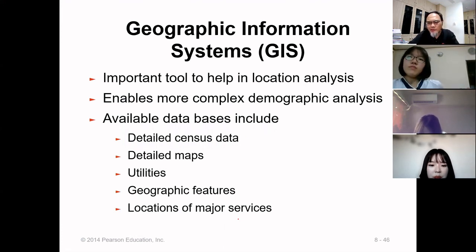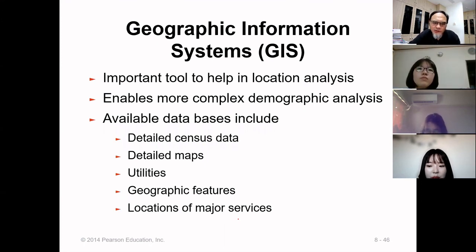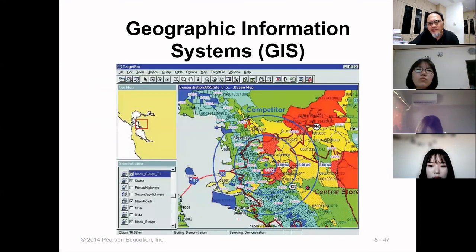Street view, I can go to Tokyo now and see the street view. So there is available data on detailed maps today. Utilities. Today, people map utilities also, underground, and geographic features. So this is an example of GIS. Of course, it's already more advanced than this today. More advanced, and you can fly in, there is Google Earth.